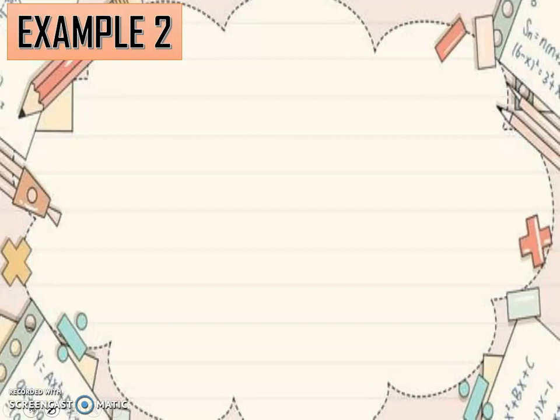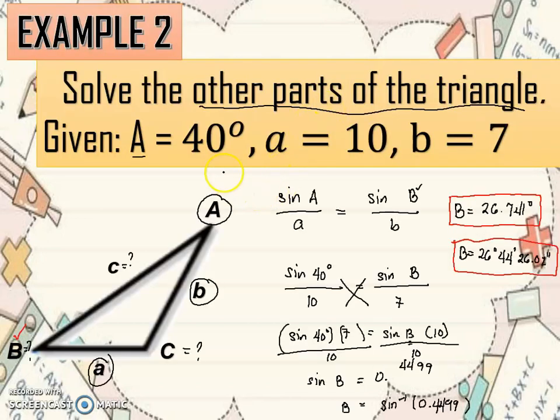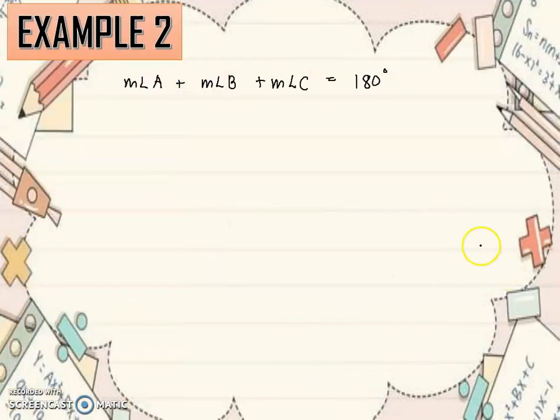Now we will use the idea that the sum of the interior angles of a triangle is equal to 180 degrees. So we know that the measure of angle A plus the measure of angle B plus the measure of angle C is equal to 180 degrees. As we recall from the given, A is 40 degrees and we already solved our B. So we will just substitute that to our equation.